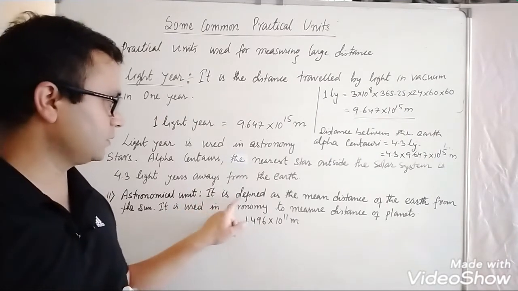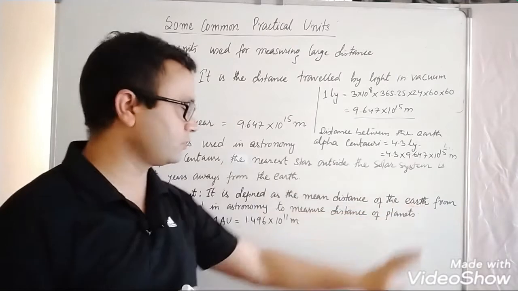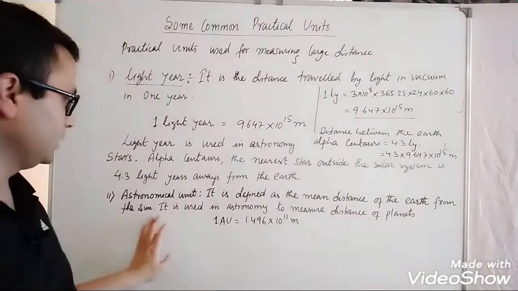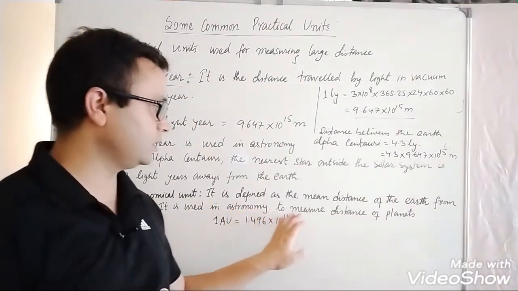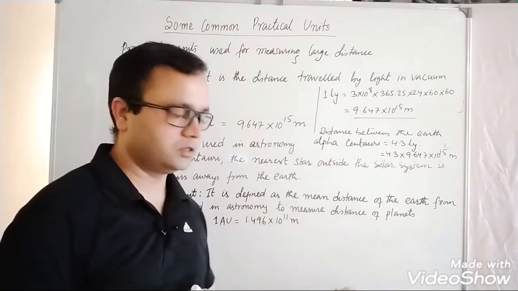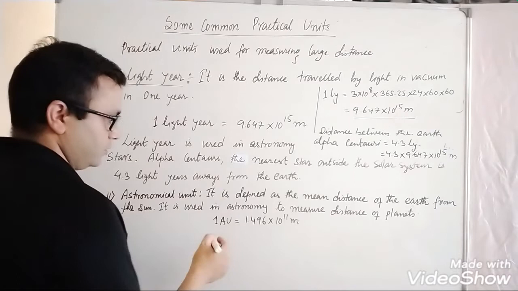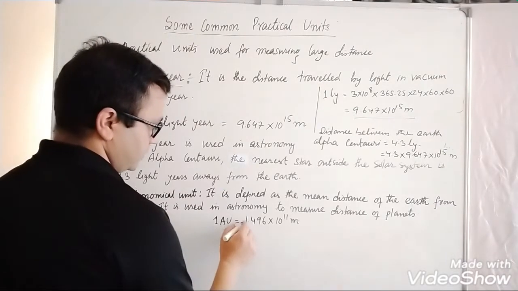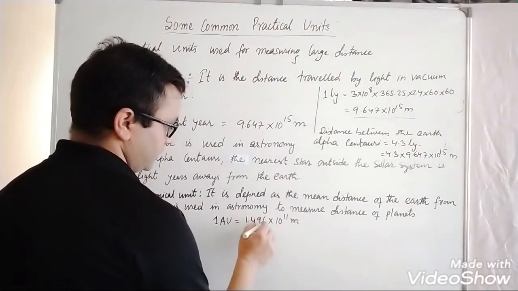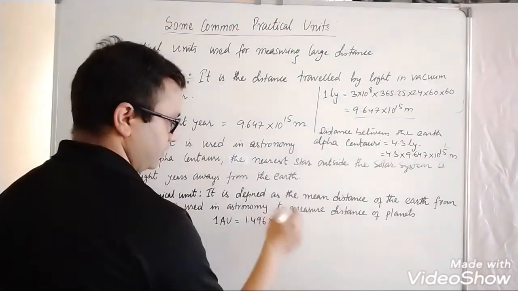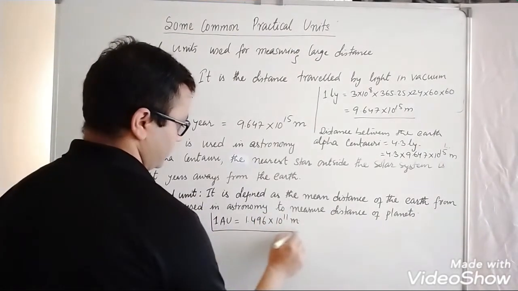It is used in astronomy to measure distance of planets. So one astronomical unit equals to 1.496 into 10 to the power 11 meter. This is one astronomical unit.